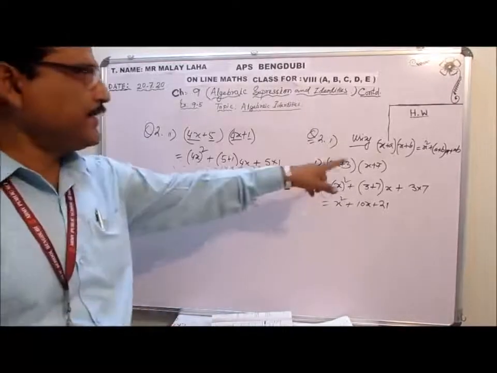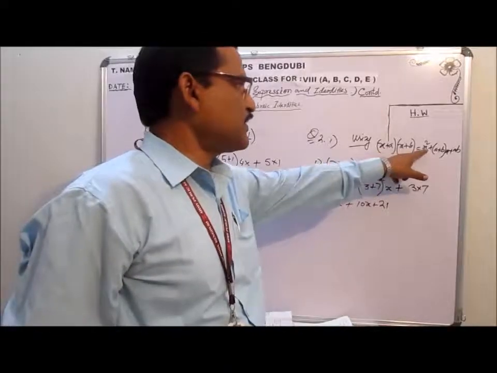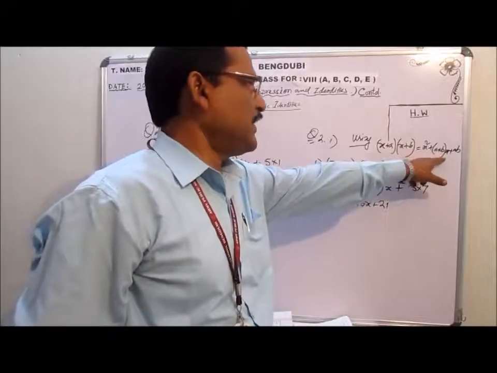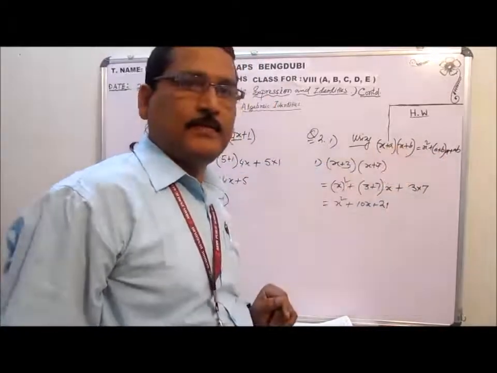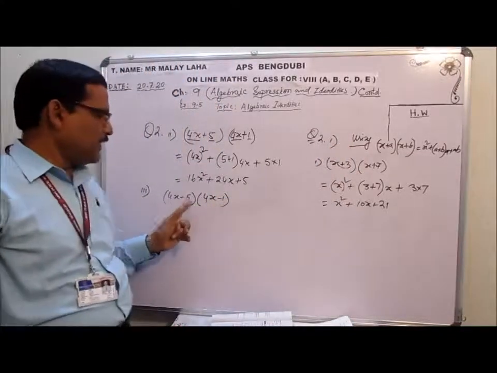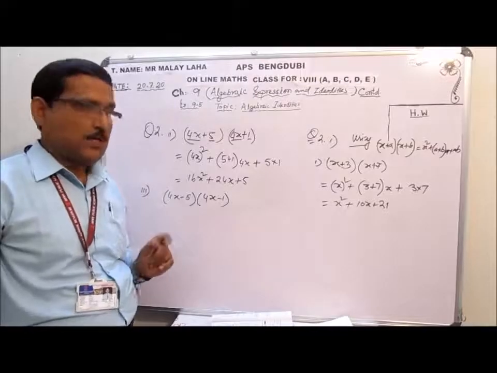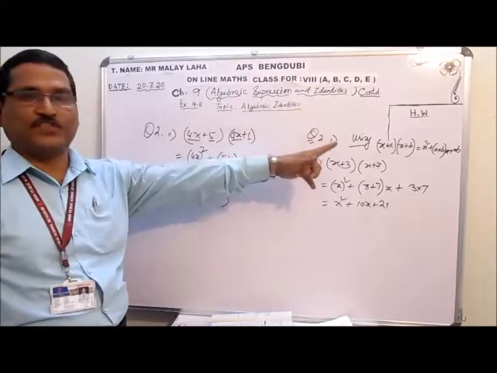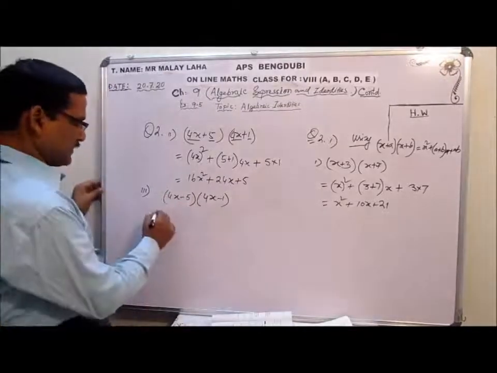What is the identity given? (x + a) into (x + b) equals x square plus (a + b) into x plus ab. Is there any minus sign here? No. But in the question here a and b are negative. Then what will I do? As per the instruction, you have to arrange the question, correcting its sign.